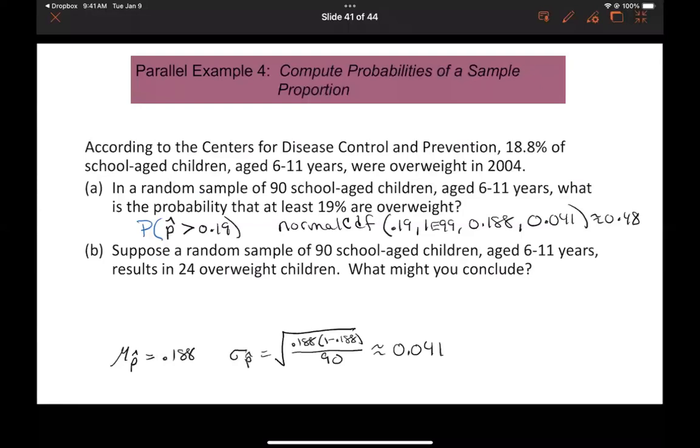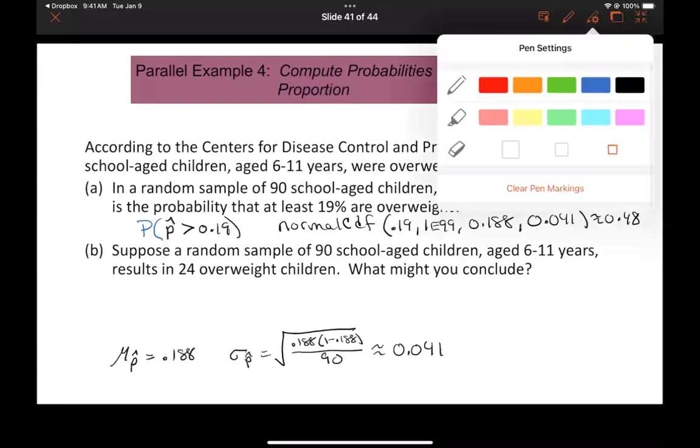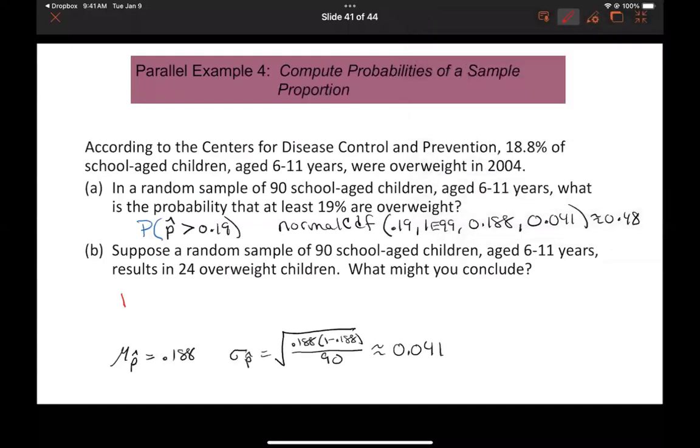Probably the way that I would do this is I would just use my normal CDF. So I need to calculate the p-hat. Remember, your p-hat would be 24, how many overweight children we had, over 90. So this is going to give me a p-hat of about 0.267.